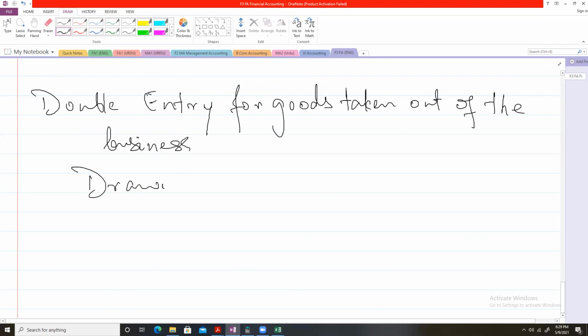Drawing debit and purchases credit. This is the double entry for goods taken out of the business.